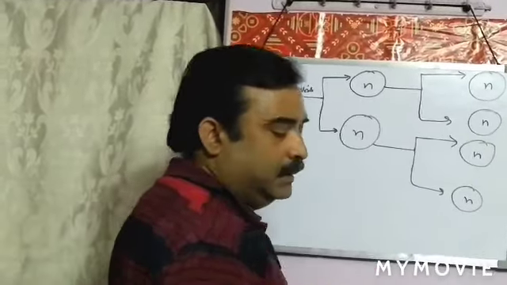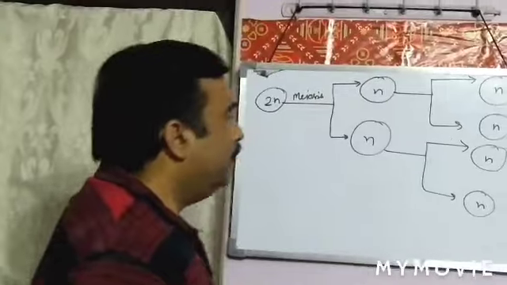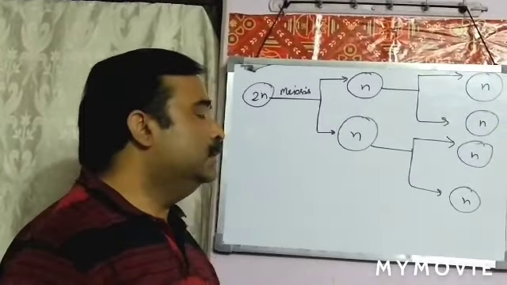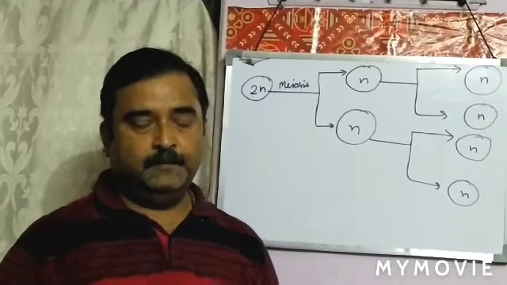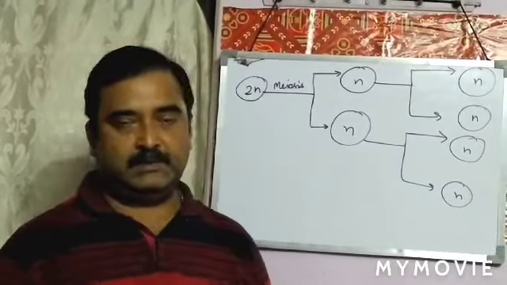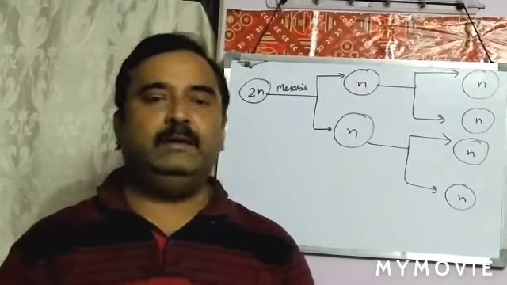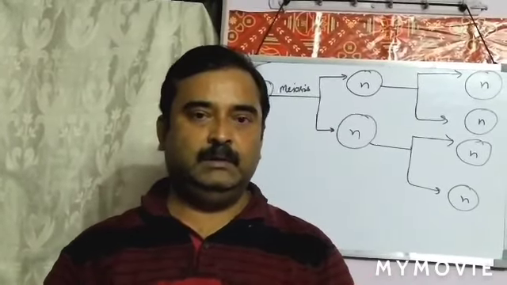This is the significance of meiosis division. And where does it happen? It occurs in the meiocyte cells. Meiocyte cells are reproductive cells for the formation of the gametes. Meiosis is responsible for variation. It is also responsible for evolution.